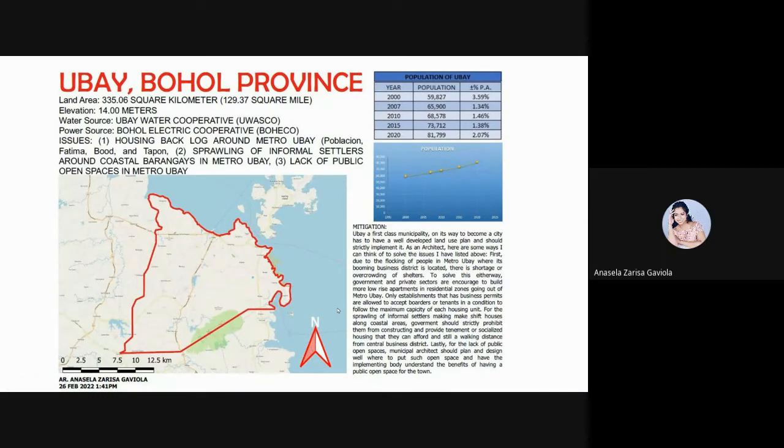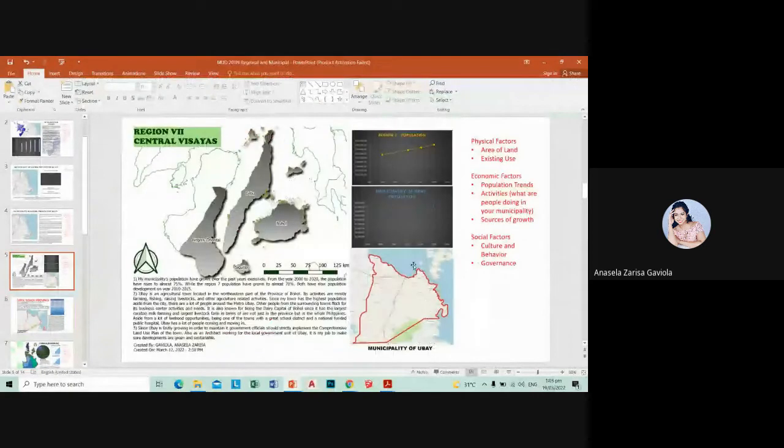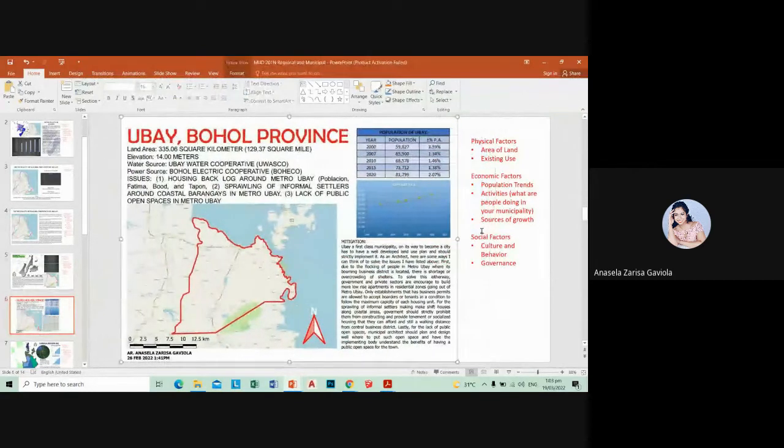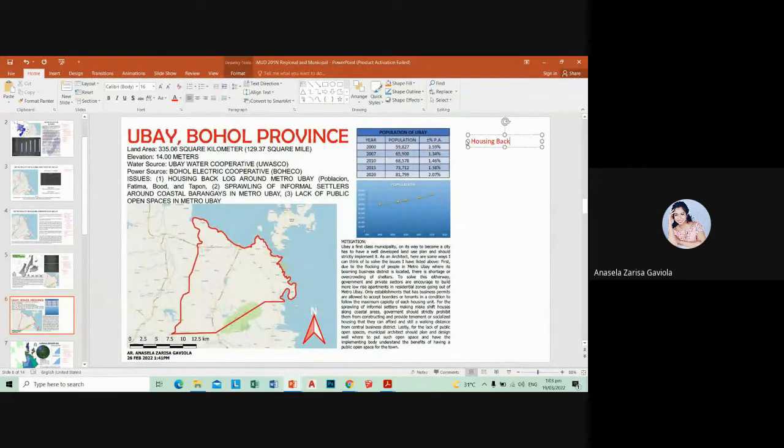I think it's getting better, sir. Before, there were a lot of houses around the market and poblacion for rent, and usually different families were renting one house. Now, from what I observe, I'm working for the local government of Ubay, there are a lot of apartments for rent around Metro Ubay.